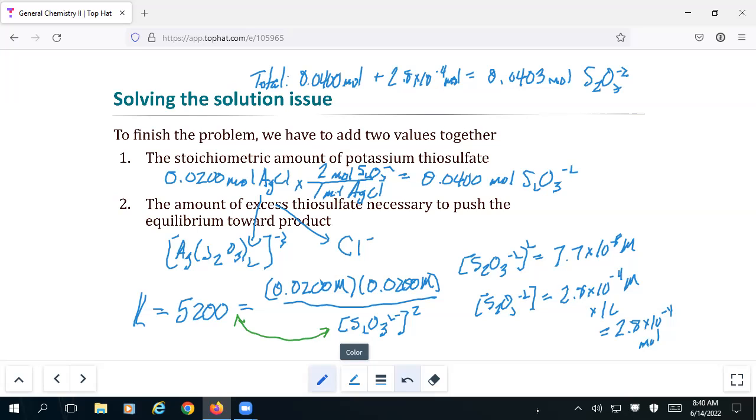So if we get spotted with a question like this, where it asks us how much ammonia does it take to complex zinc from zinc hydroxide?